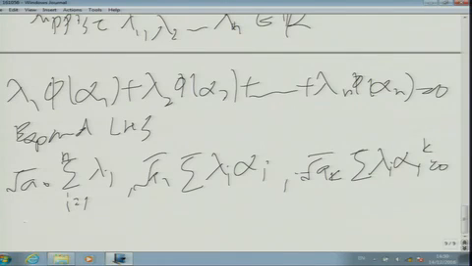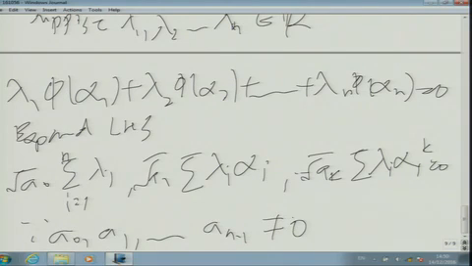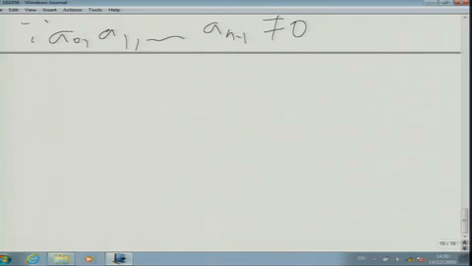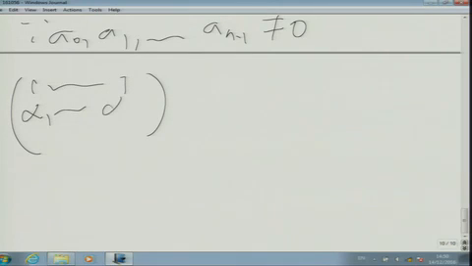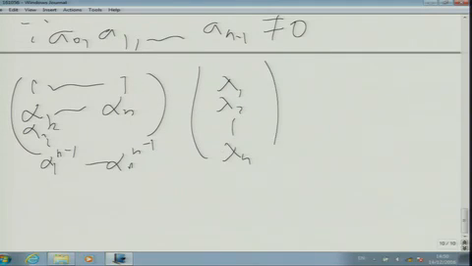And we equate the first n terms, since a_0, a_1 to a_{n-1} are all not equal to 0 as the hypothesis stated. So we can eliminate the root a terms and get a system of equations, which is the matrix 1, 1, to 1; alpha 1 to alpha n; alpha 1 squared to alpha n squared; to alpha 1 to the power n minus 1 to alpha n to the power n minus 1, times lambda 1, lambda 2 to lambda n, equal to 0.